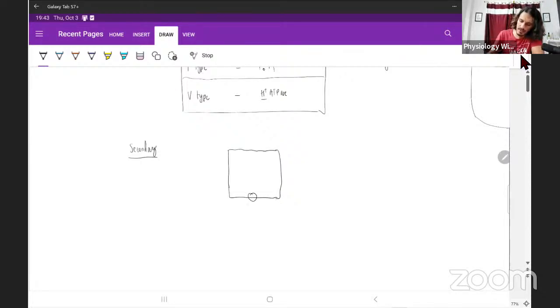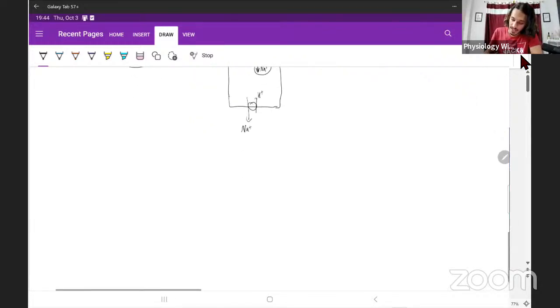What does sodium potassium ATPase do? It brings out sodium, puts in potassium. What does it essentially do? Sodium inside the cell is gonna be less. This is very important in what it does. Okay, the same thing I'm gonna repeat down here also.